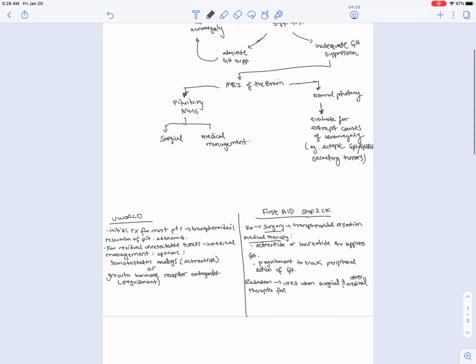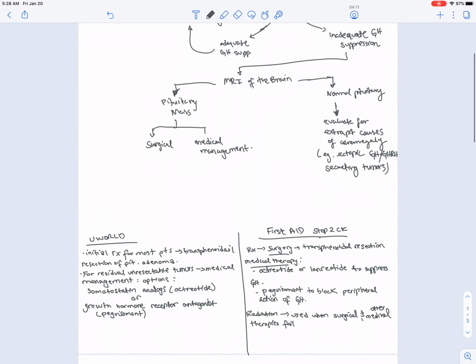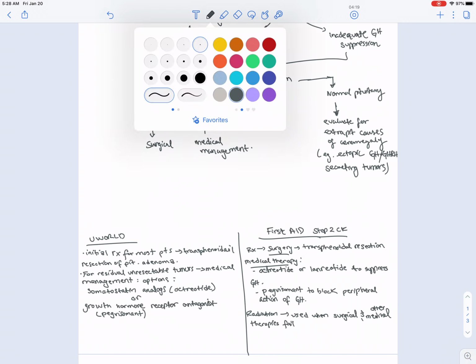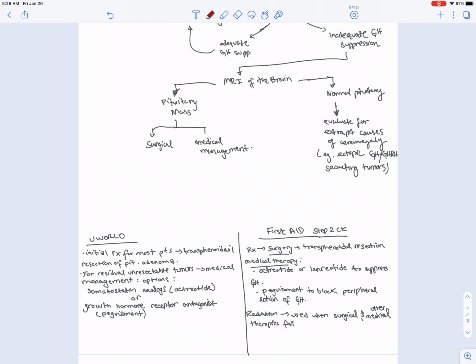Now the important part is when UWorld or First Aid Step 2 CK wants you to know things. Pretty much they want you to know exactly the same thing. However, in the initial treatment, according to UWorld, for most patients, it's a transsphenoidal resection of the pituitary adenoma.